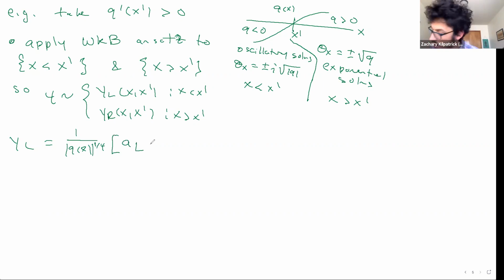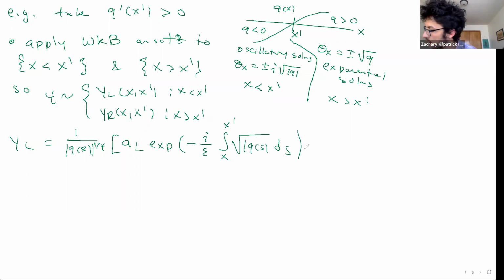A_L exponential of minus i over epsilon integral from x up to x prime of square root of absolute value of Q of s ds, plus B_L exponential of i over epsilon integral from x up to x prime of square root of absolute value of Q of s ds.